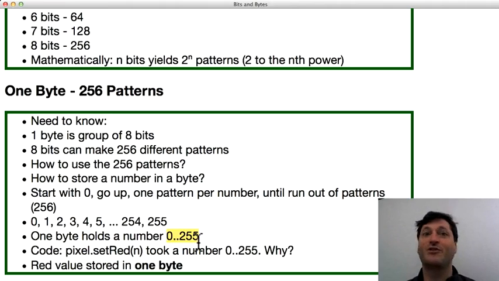That's it. It cannot store 300 or minus 12 or whatever. So that's why in this scheme, setRed takes a number 0 to 255. It reflects that the red value, and this is also true for the green and the blue values, each one of those is stored by 1 8-bit byte. And so that's why the range is exactly 0 to 255. So the mystery of the 255, now you know.